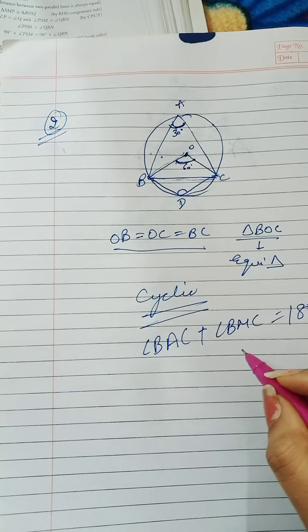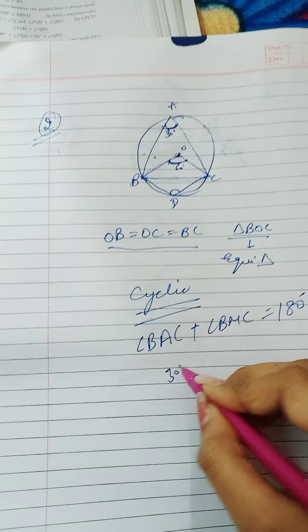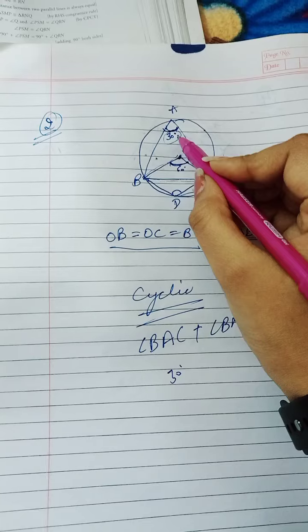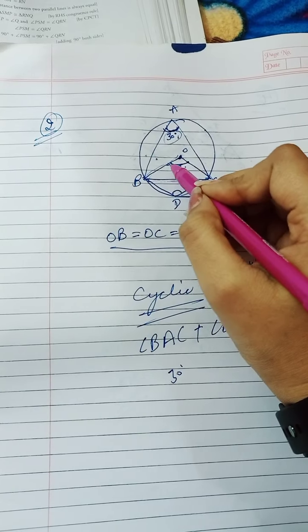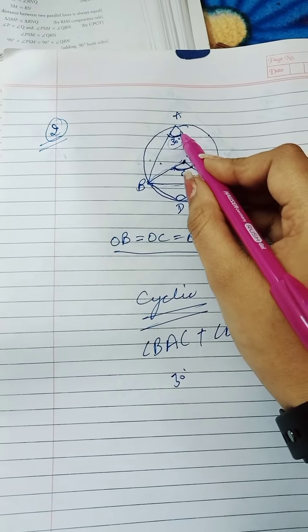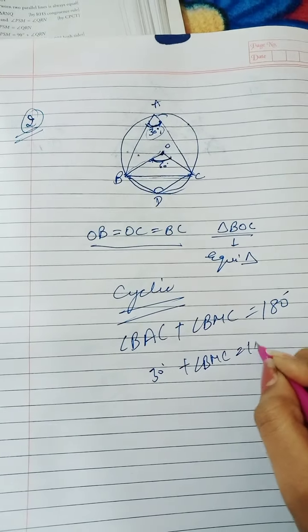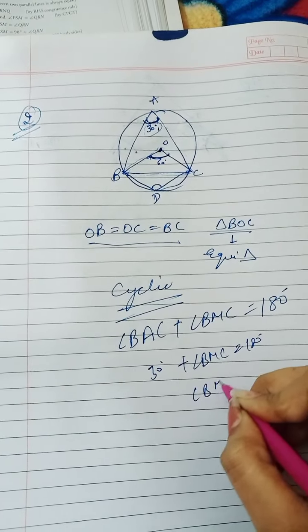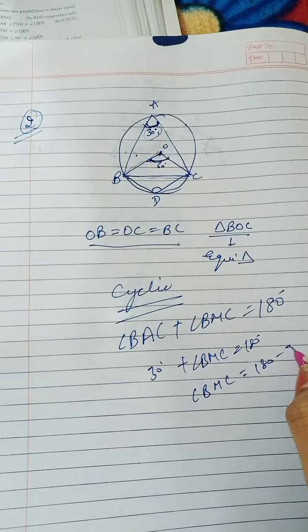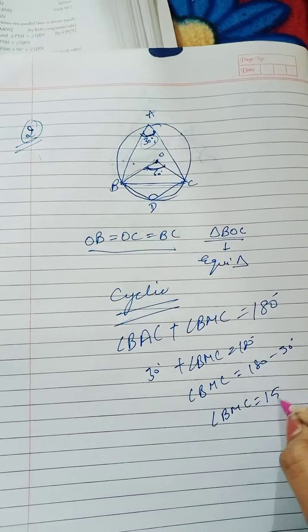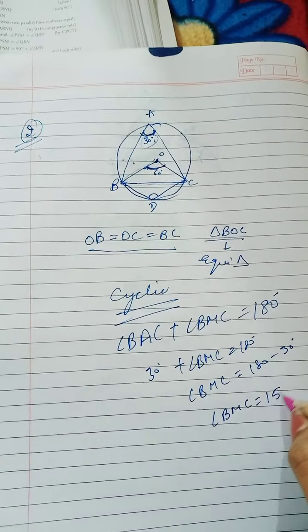And BAC is not given, we have to find it by using that theorem. This one is 60, so this would be 30, right? 30 plus BMC would be 180 degrees. So BMC would be 180 minus 30 degrees. So angle BMC is 150 degrees. Clear? This point must be M.